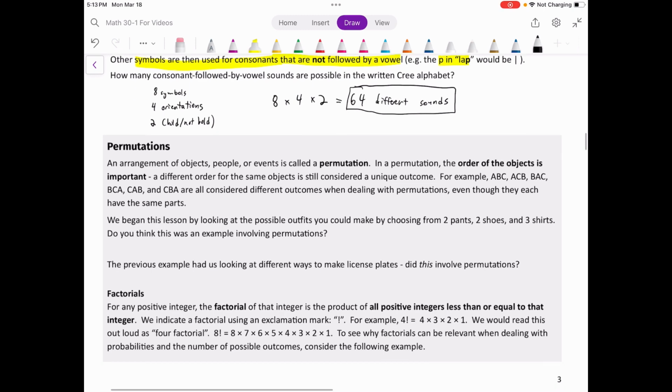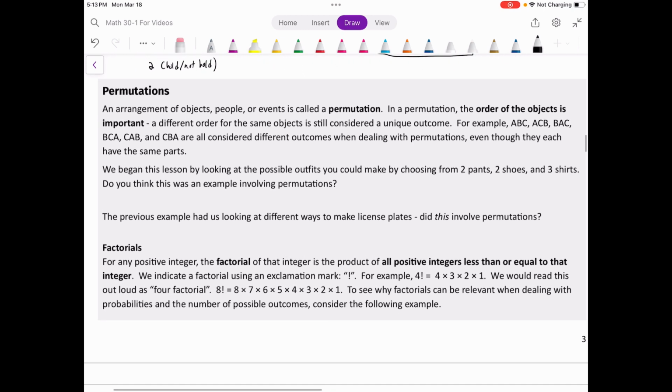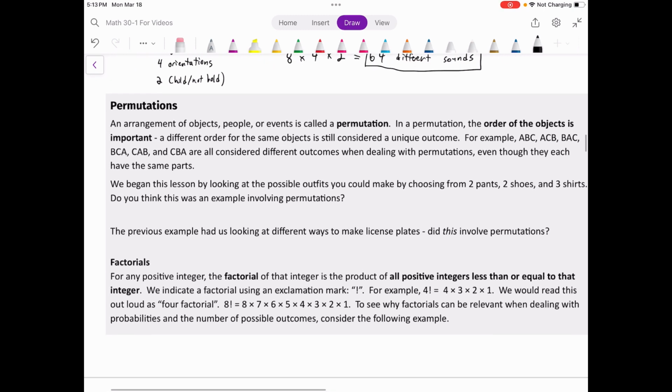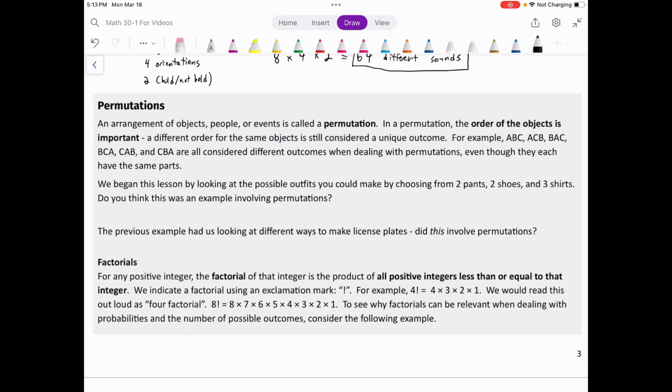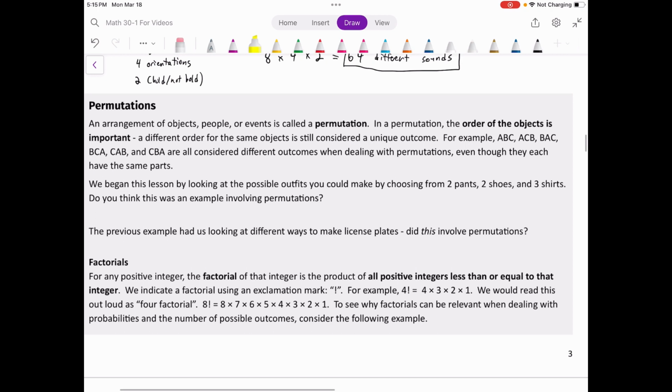Okay, let's move into a word that I mentioned earlier, but now we will formally define and talk about. That is a permutation. All a permutation is, is an arrangement of objects, people, or events. So we're talking about the number of permutations of something.